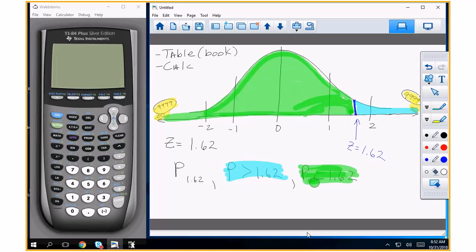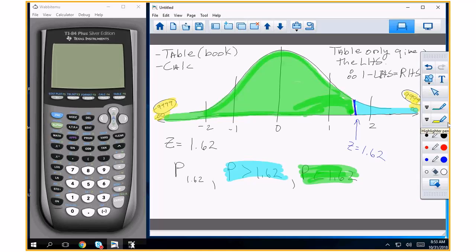All right? The table only gives you the left-hand side, and you need to write this down. Table in the book only gives the left-hand side, which means the green. Therefore, 1 minus the left-hand side equals what? The right-hand side.